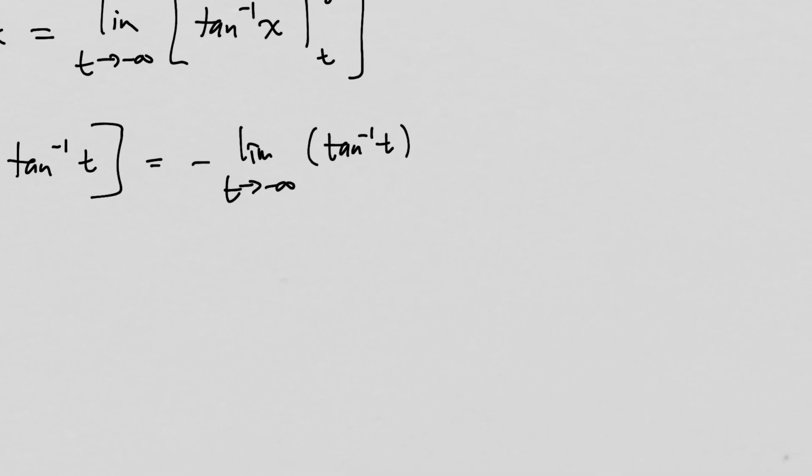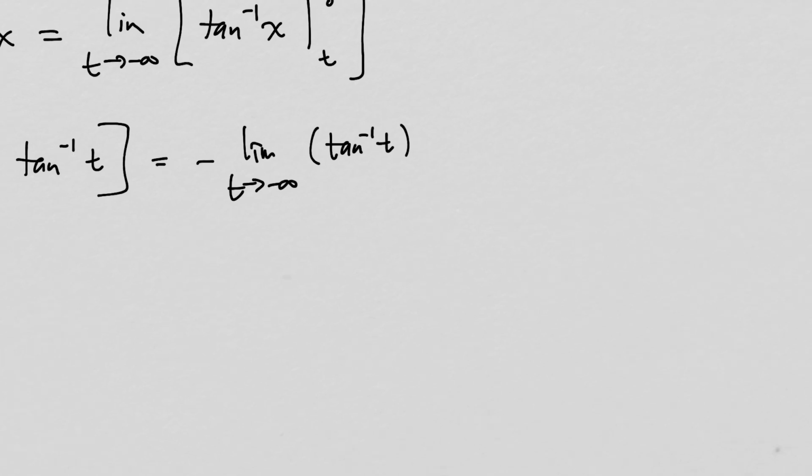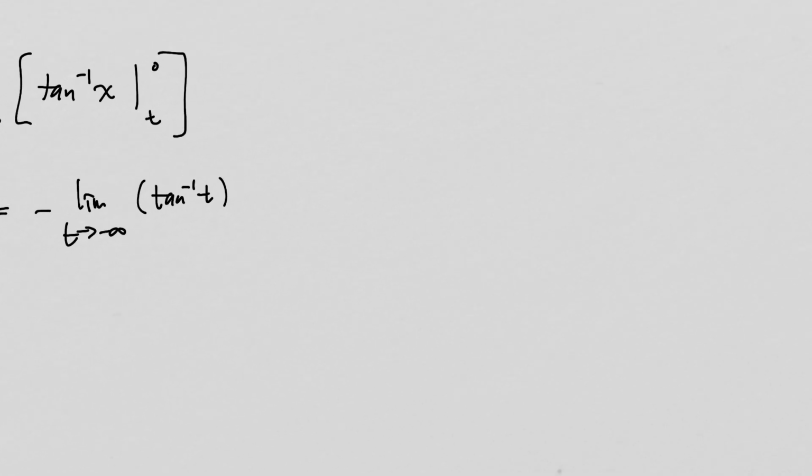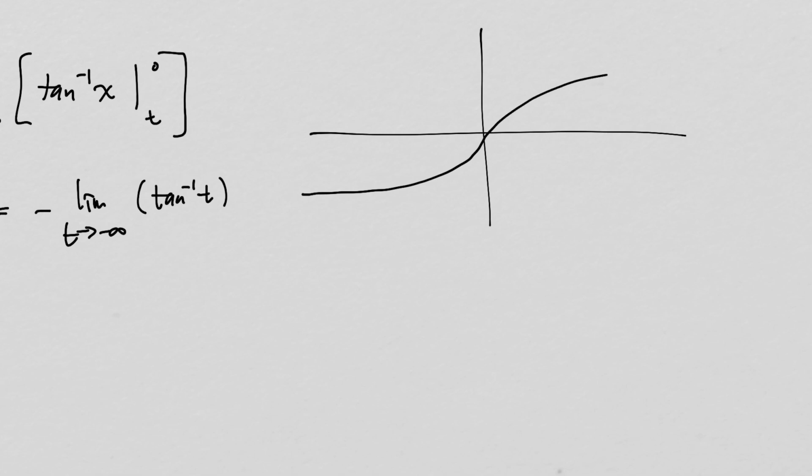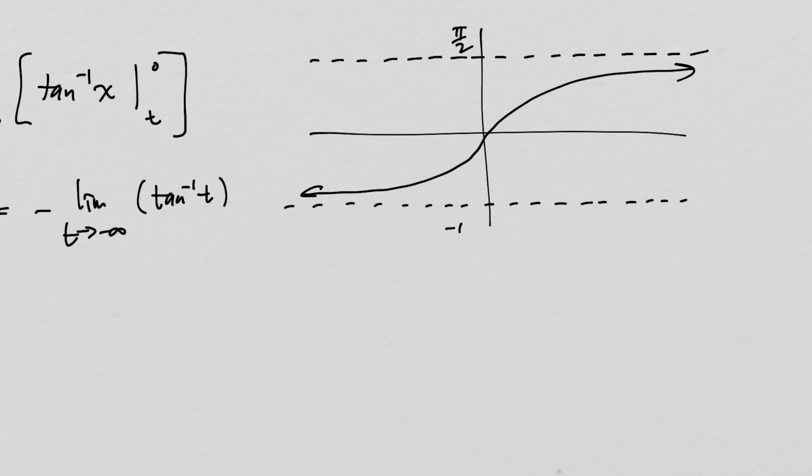So what does inverse tangent of t do as t goes to negative infinity? For this, we need to know the inverse tangent graph. And the inverse tangent graph looks something like this. And it has a horizontal asymptote at pi over 2, and it has another horizontal asymptote at negative pi over 2.